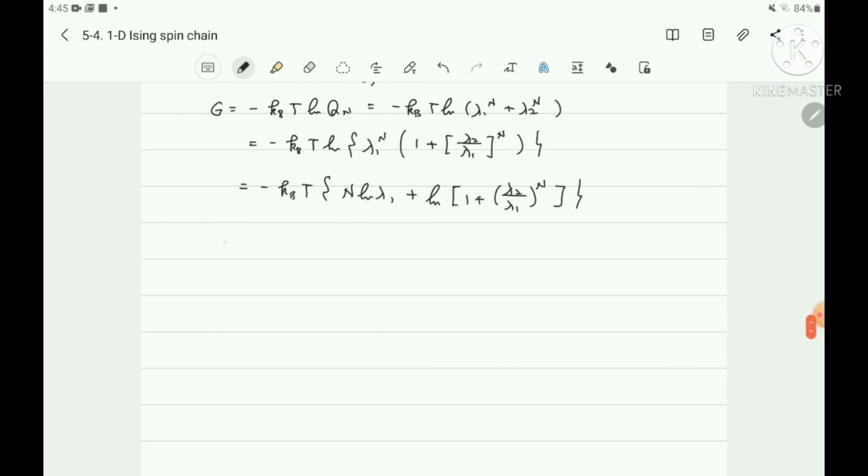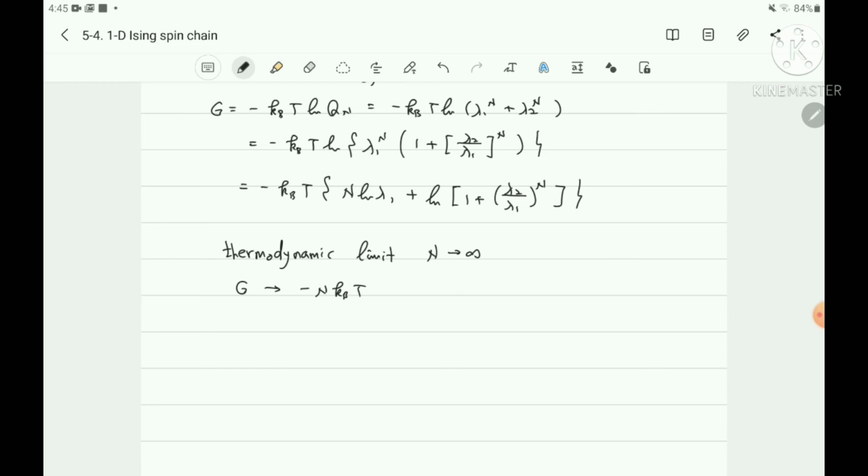In the thermodynamic limit, n is considered very large, and therefore the free energy approaches minus n kBT ln lambda 1.